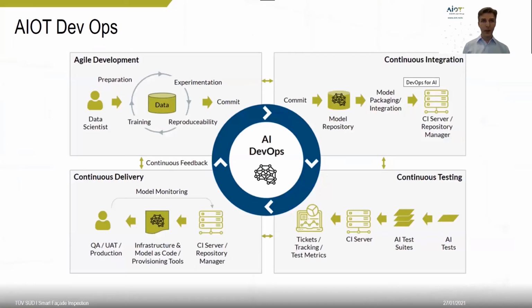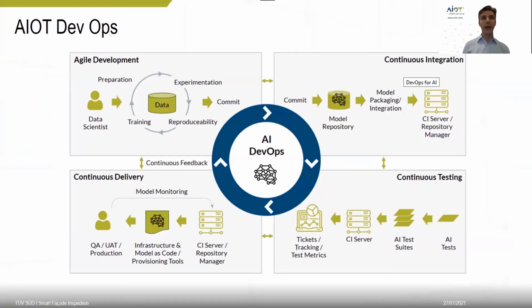Right. So now looking into the DevOps of AIoT, well, this is exactly what we have done, right? And that is what you can also benefit or take away from the AIoT framework, agile development. A very traditional company like TÜV Süd, now we are very much in the AI and AIoT world.